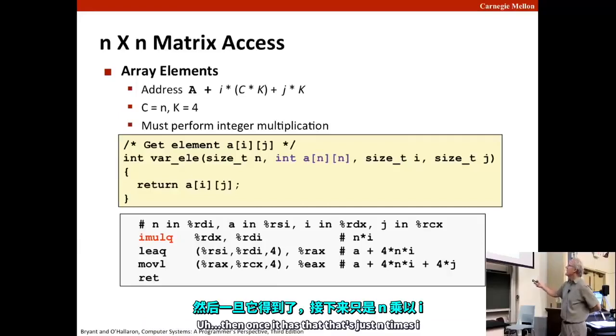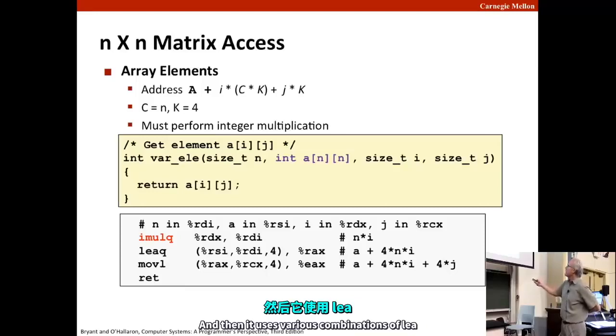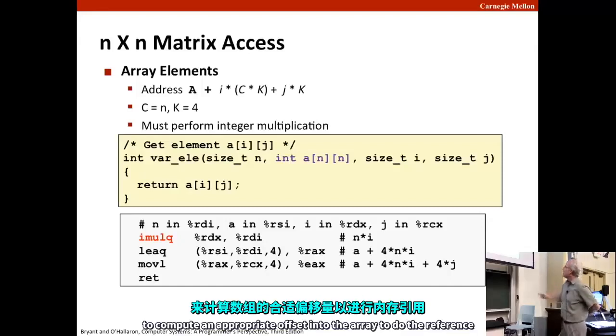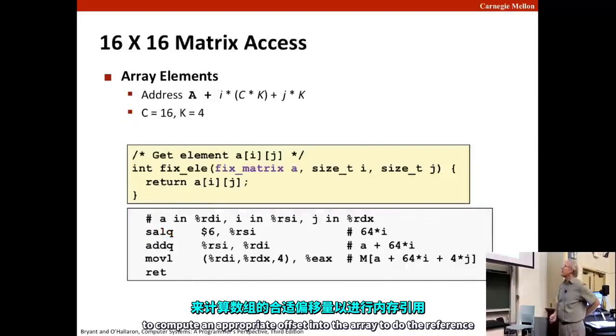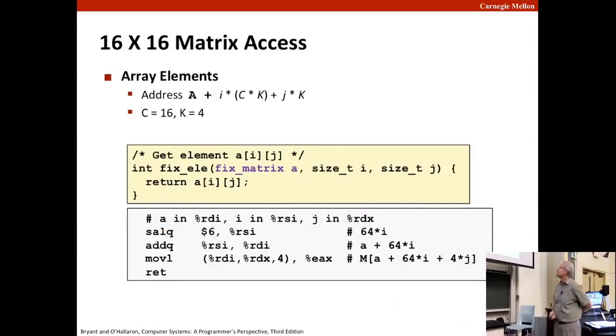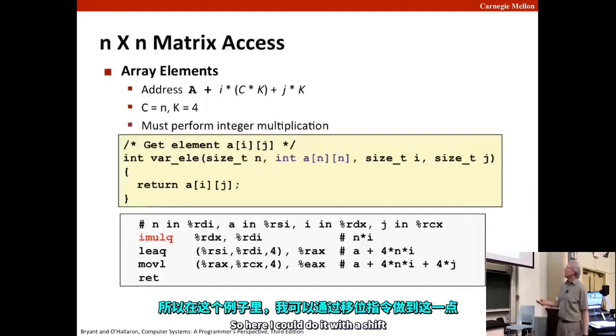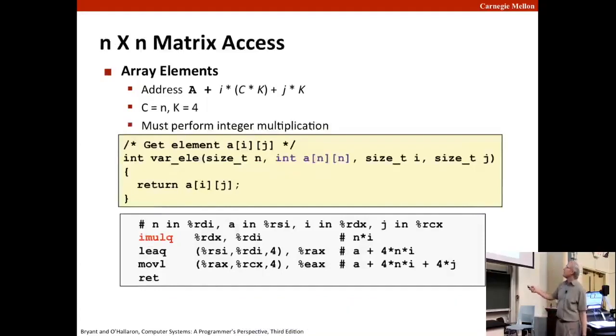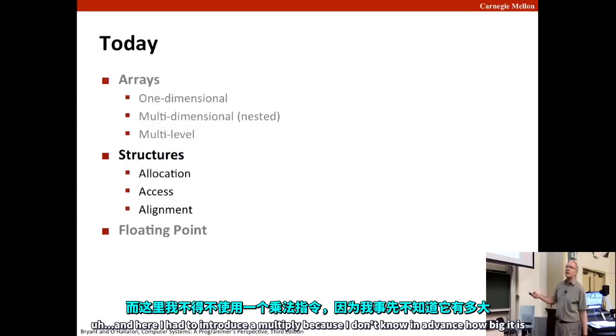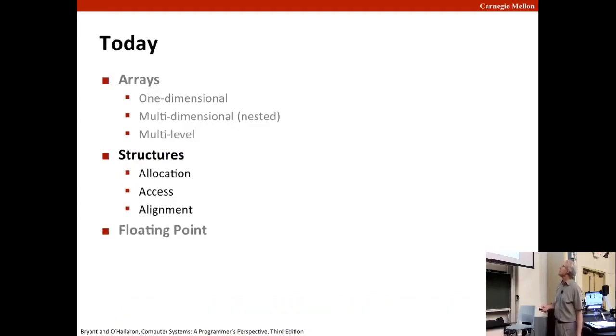And then once it has that, that's just n times I. And then it uses various combinations of LEAs and the scaling notation from before to compute an appropriate offset into the array to do the reference. So here I could do it with a shift. And here I had to introduce a multiply because I don't know in advance how big it is.